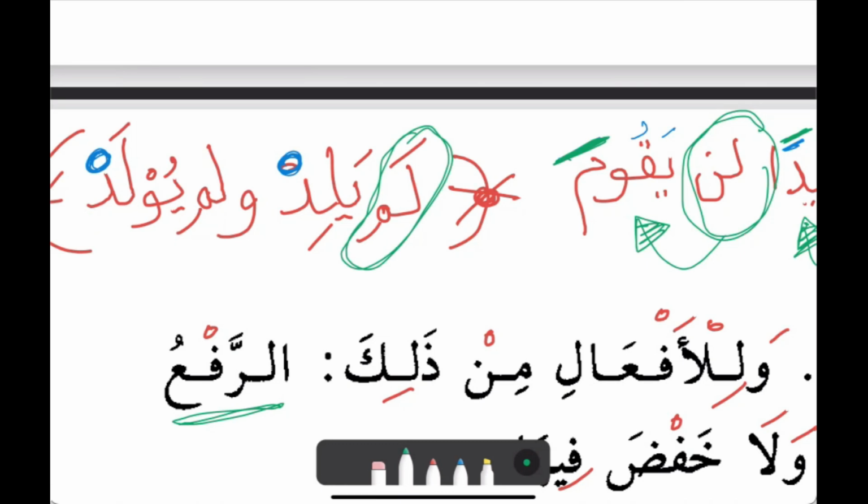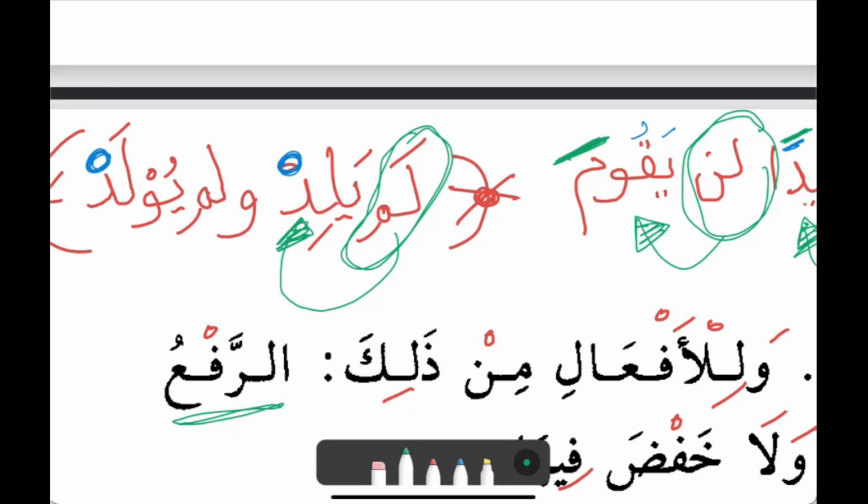Lam yalid, he did not give birth. So the power of lam to affect the verb is to put it into a state of jazm. And yalid, fi'lun mudari'un majzoom, is a mudari' verb in a state of jazm.